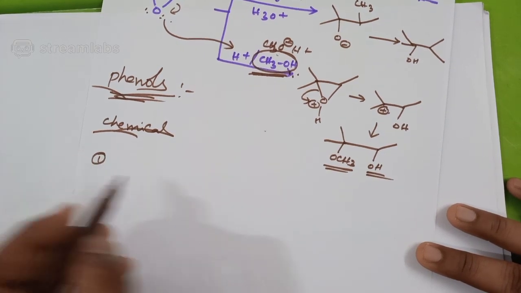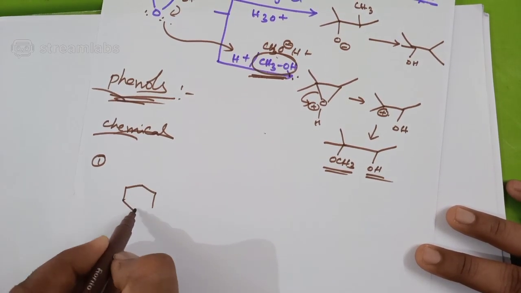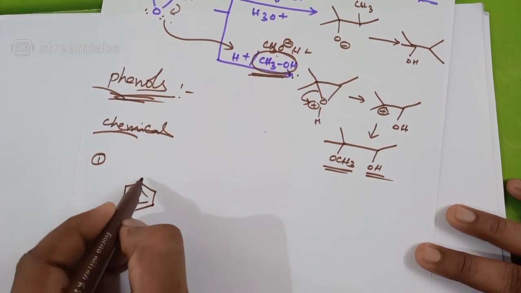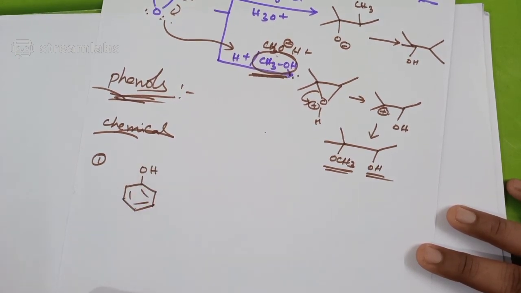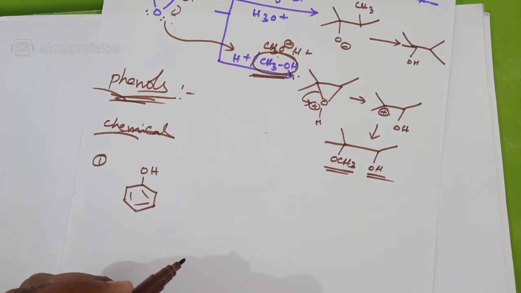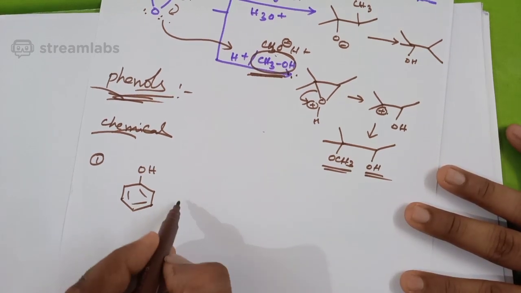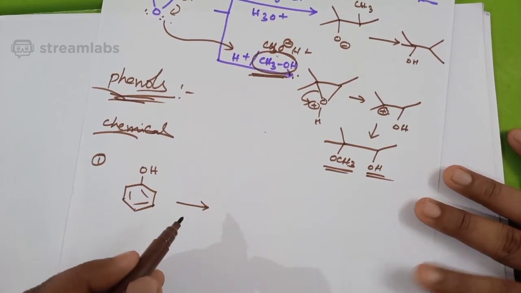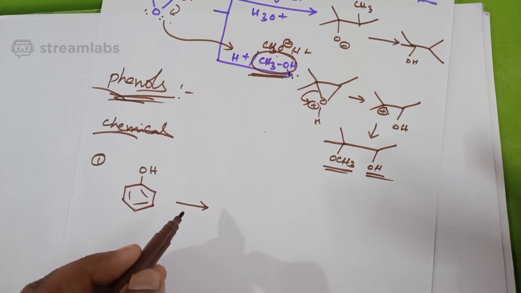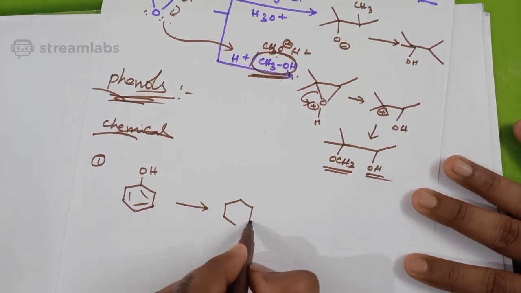In the first one, if the phenol acts as an ortho-para director or meta director, and whether it's more reactive than benzene or less reactive than benzene, we need to know. See, whenever phenol reacts with any reagent, the first step is it must lose H plus ion because it's more acidic.